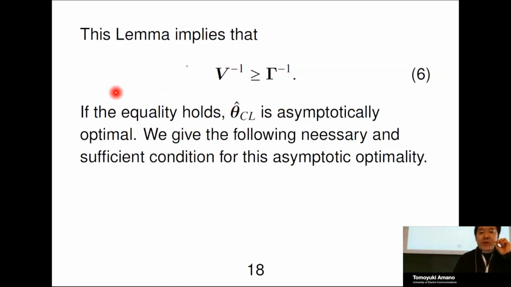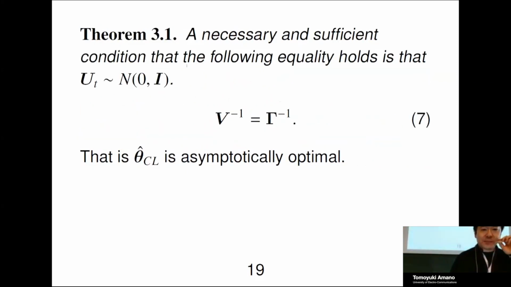And for this equality condition, we give the condition. The necessary and sufficient condition that this equality holds is that the disturbance follows a Gaussian distribution.